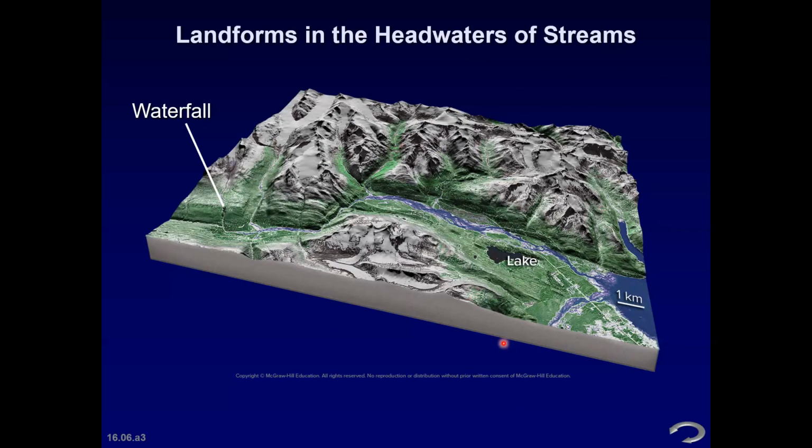Let's talk about the headwaters of the streams, where we see it originate. Okay, some features associated with that would be a waterfall. And that's where resistant rocks or a tributary valley is higher than the main valley. You could also have a rapid.